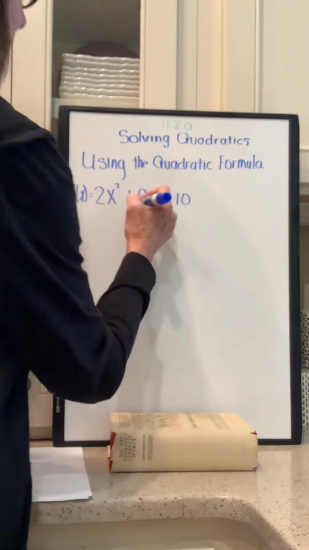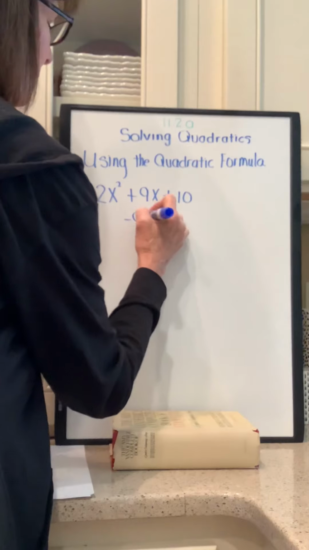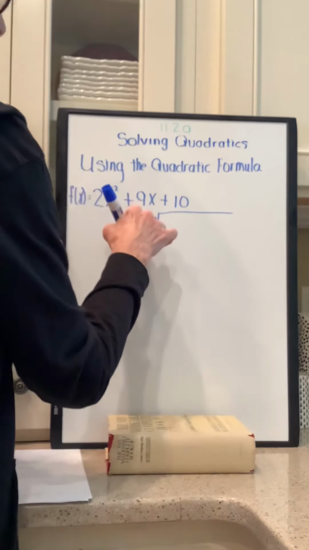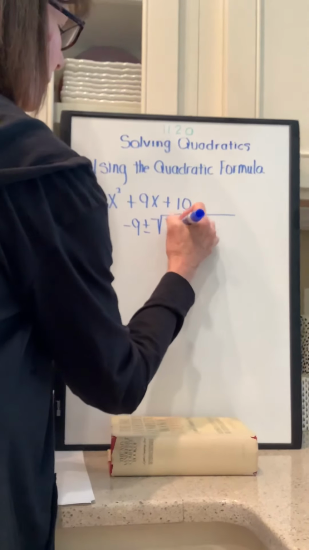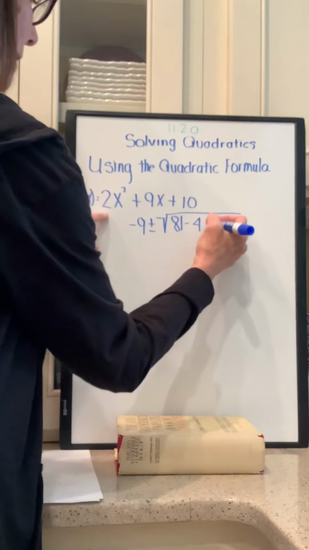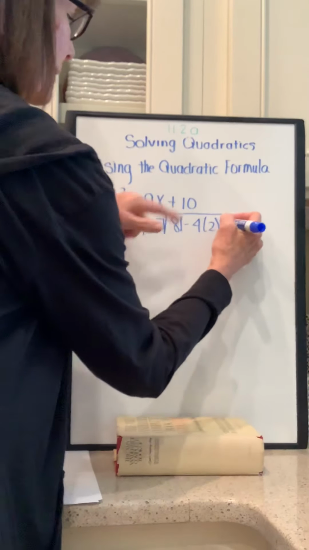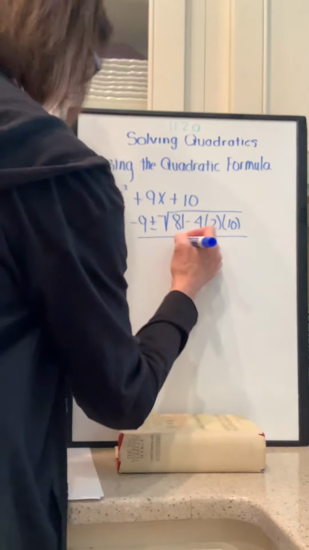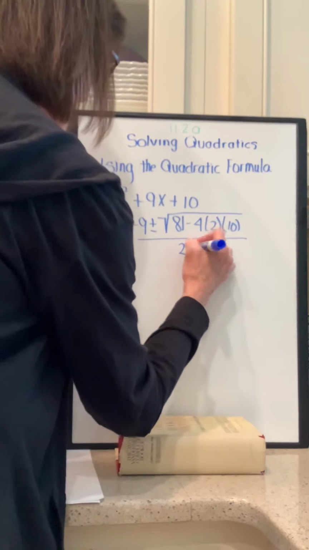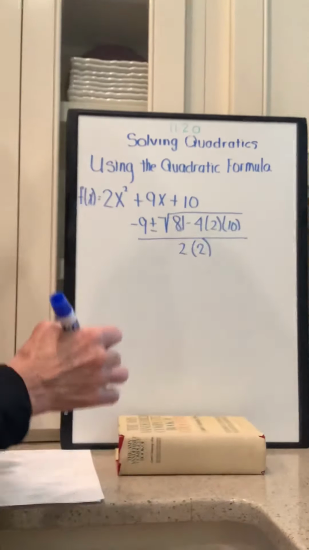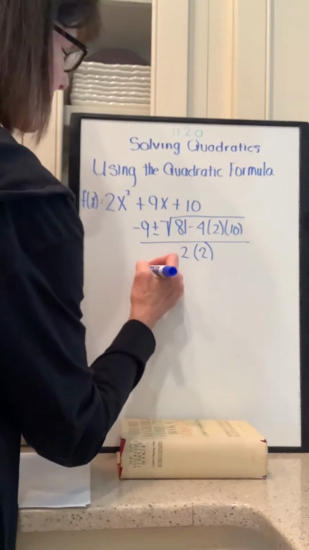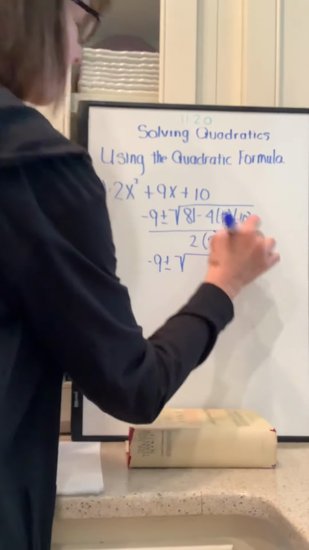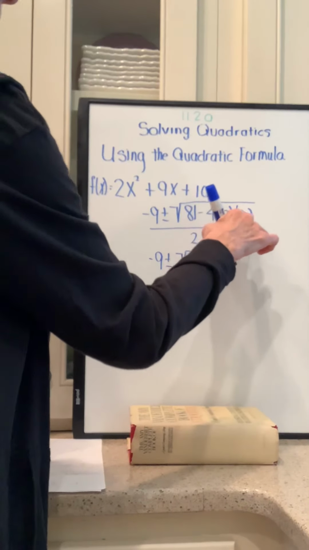We're going to do the opposite of b, which is negative 9, plus or minus the square root of b squared, which is 9 squared, 81, minus 4 times a, which is 2, times c, which is 10, all over 2a, and a is 2. So this is going to be negative 9 plus or minus the square root of 4 times 2 is 8 times 10 is 80.